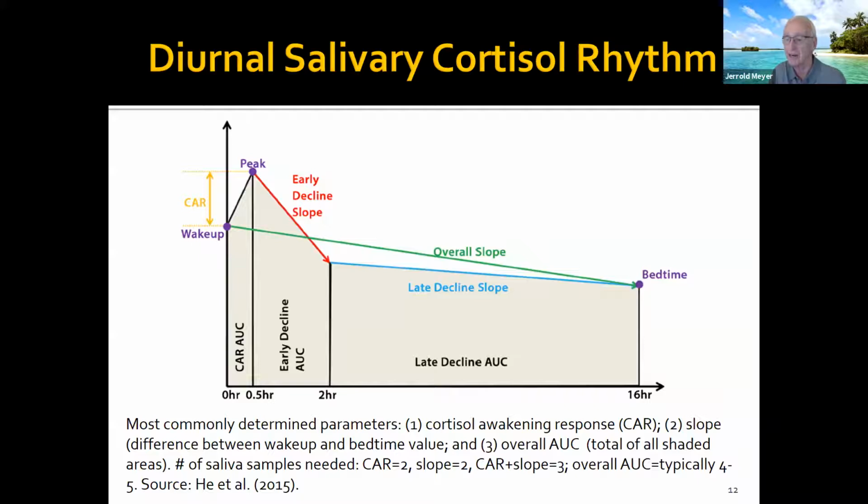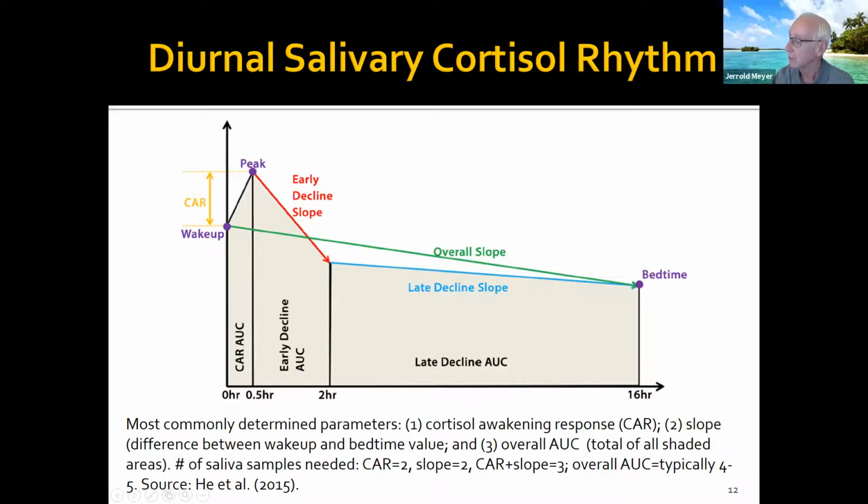Area under the curve, think about what that gives you. It gives you an index of total cortisol release into the blood over that time period, from waking to bedtime. It's not perfect because you haven't measured it literally at every moment in time, but it's a reasonable approximation of how much cortisol was secreted by your adrenal gland that day over that time period, AUC.